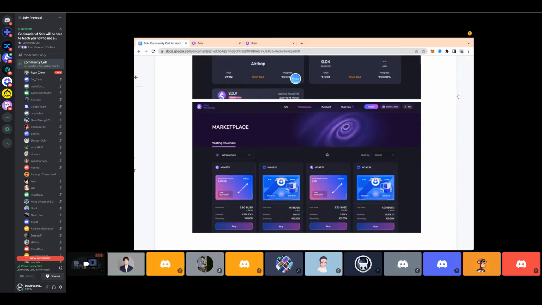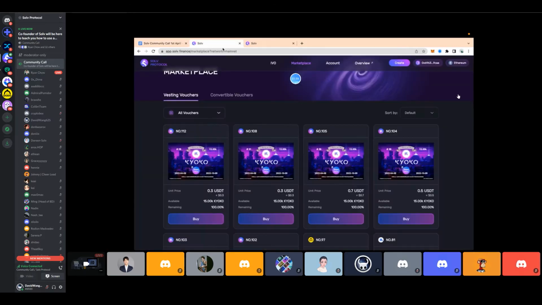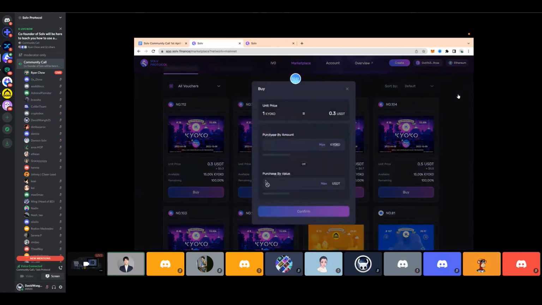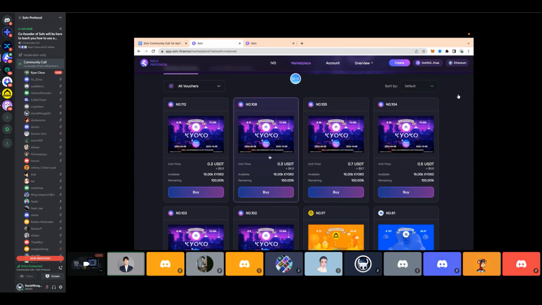You can enjoy a very frictionless trading experience on this marketplace. You can just list your voucher here, or you can buy a voucher here. It's very simple. Like you want to buy this one, and you click this and say I want to buy the whole of it, and then you pay some money, approve, confirm, and then you get this NFT.